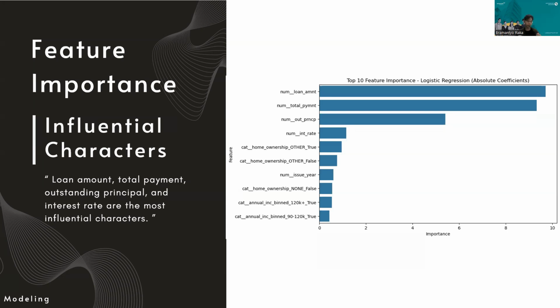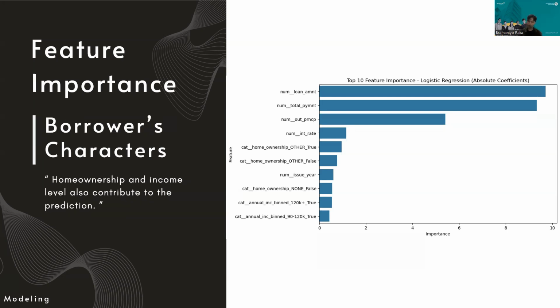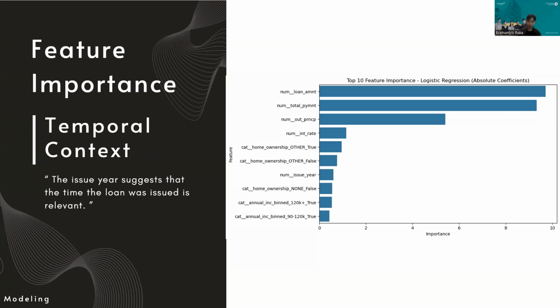We also have the borrower's financial stability, as indicated by home ownership and income level, which also contribute to the prediction itself. We also have the temporal effect. The issue year suggests that the time the loan was issued is relevant to some extent.